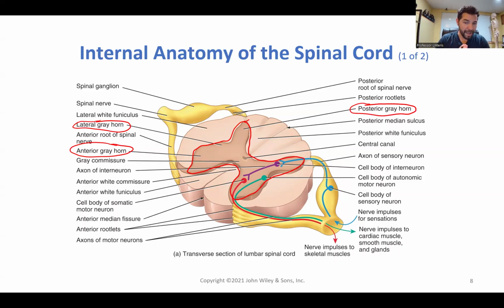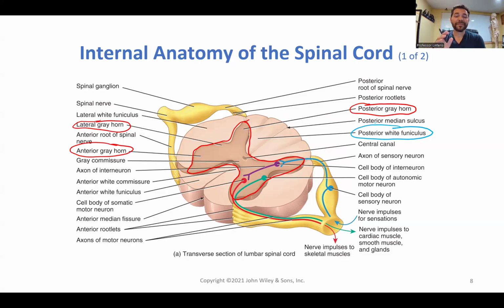When looking at the white matter, and I'll switch my color for you, we could see that we have something called the funiculus. We also refer to these as columns. Posterior column, or the posterior white funiculus, is found in the back. And I'll show you ways you can tell front from back of the spinal cord.